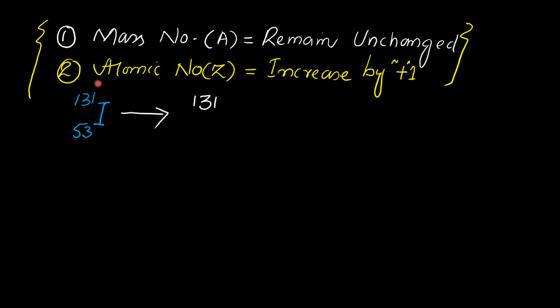However, in the rule for beta decay, the atomic number increases by 1. So the daughter element will have an atomic number of 54. Then we can go to the periodic table and check what element has an atomic number 54, and we can see that it is xenon. So basically iodine is converted into xenon during a beta decay.